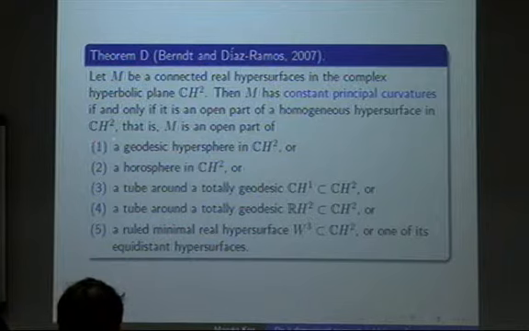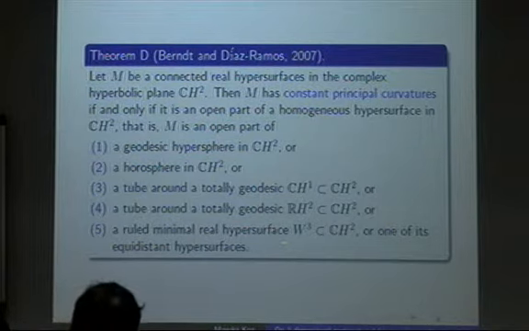That is, M is an open part of one of the following: a geodesic hypersphere, a horosphere, a tube around a totally geodesic CH1 or RH2, or a ruled minimal real hypersurface, or one of its equidistant hypersurfaces.